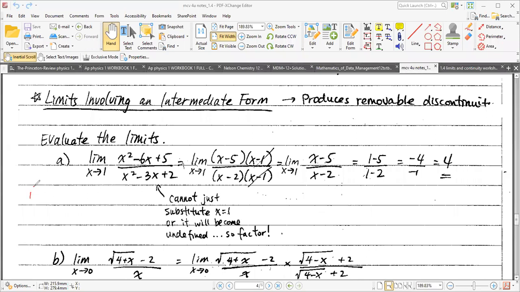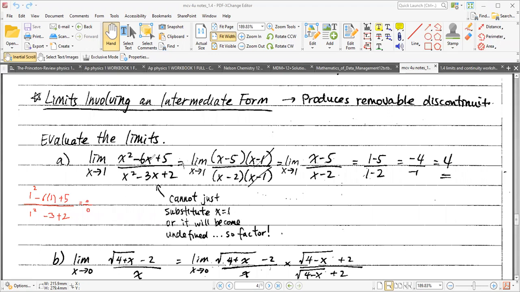So it's going to be 1^2 - 6 multiplied by 1 + 5, divided by 1^2 - 3 + 2. In the numerator I get 0, and here 0. Whenever you get 0 over 0, you have to simplify your limit and then take the limit.